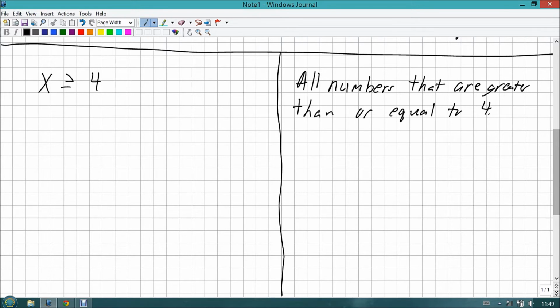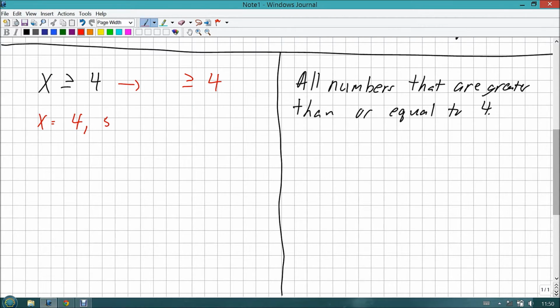So what would be a solution to this inequality? Well, we could always say the number 4, right? Because if I plug in 4, we get 4 is greater than or equal to 4. And because it says or equal to, this creates a true statement.